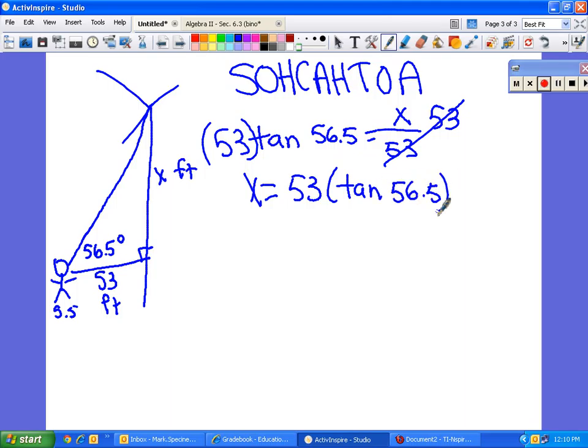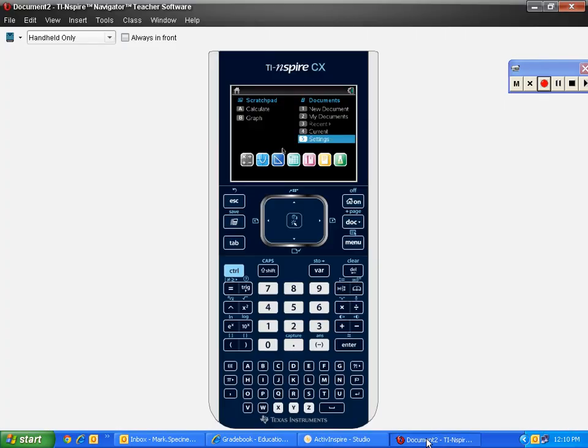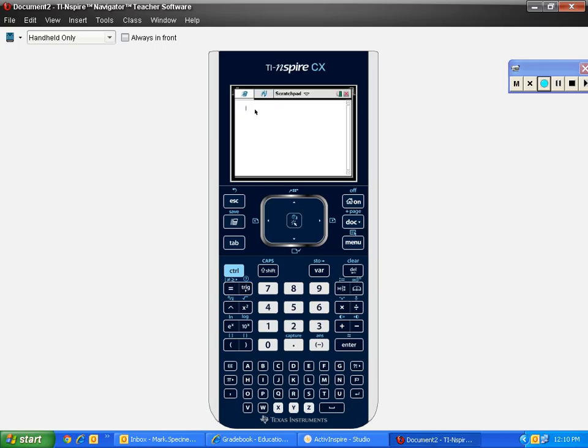As soon as I get to there, okay, the next step is to figure out what the tangent of 56.5 is. So you go to your calculator, and you're going to click on, well, I guess you have to go to Scratchpad and calculate.